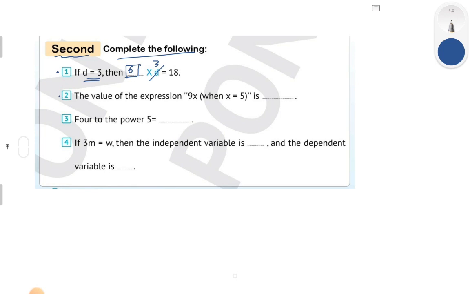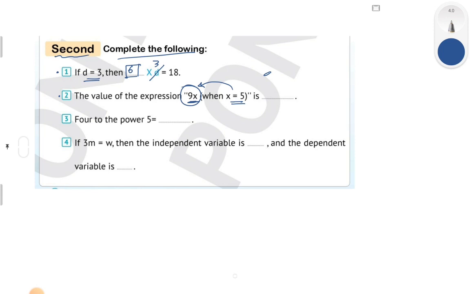Next point, the value of the expression 9x. This is an expression, 9x, when x equals 5. That means I will substitute x equals 5 here.